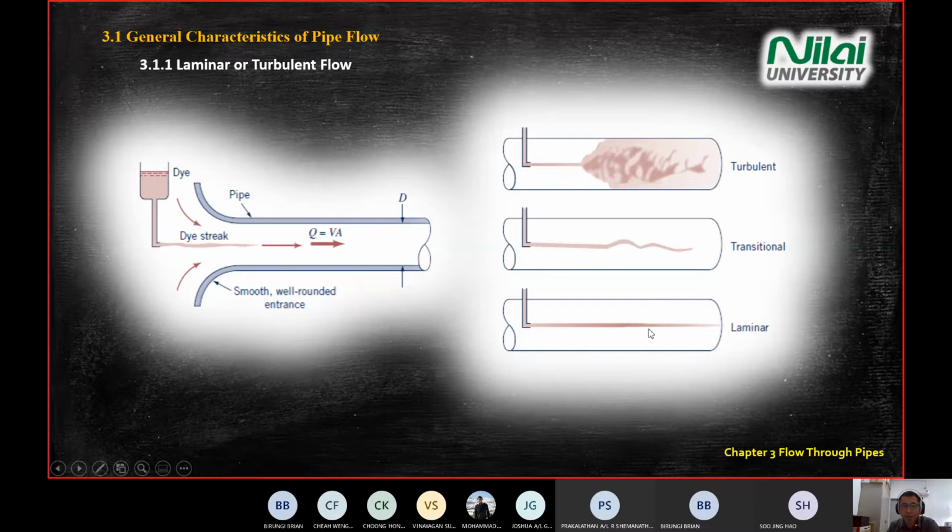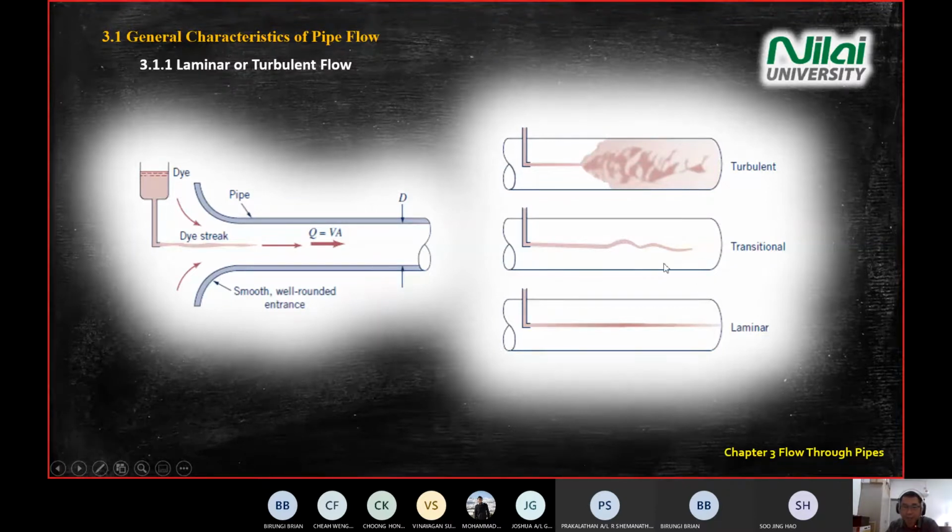Most of the pipe that you use outside for gardening, most of the time you'll get laminar flow. And for the shower, normally you'll get turbulent flow. So the change from here to here actually happens very fast.